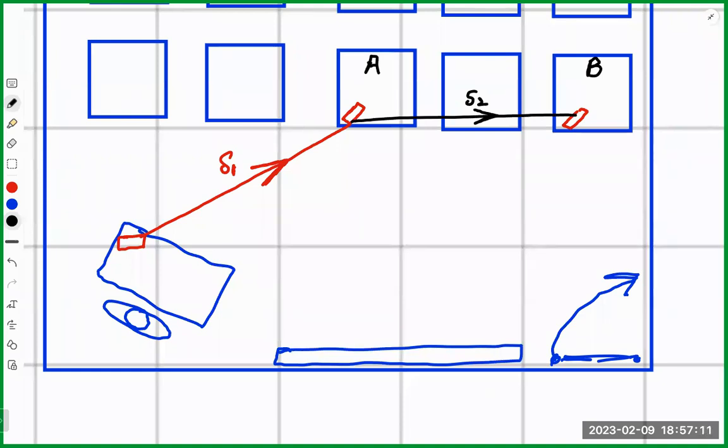Is this job doable by a single vector? Is it possible that one vector can do what these two vectors did in combination? If your answer is yes, can you tell me where that vector should start and where it should end?